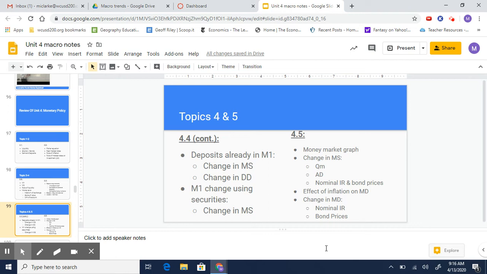All right, M1, change using securities, bonds. So let's say in that same situation, bank has a 10% required reserve ratio. They're holding on to some bonds. The Federal Reserve comes in and wants to buy some of those bonds. So they buy $1,000 in bonds. That's brand new money that the Federal Reserve is giving them.